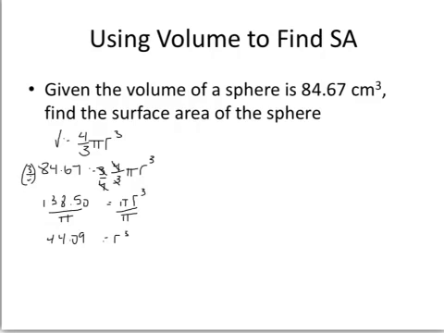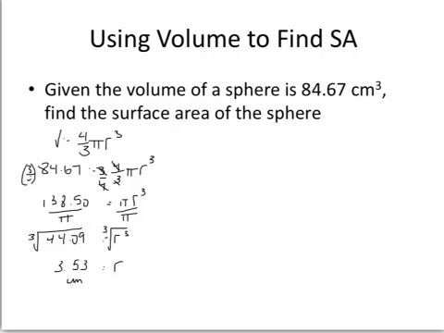Now, to find r, I need to take the cube root of both sides. You usually have a function for that on your calculator. So r is going to equal 3.53 centimeters.